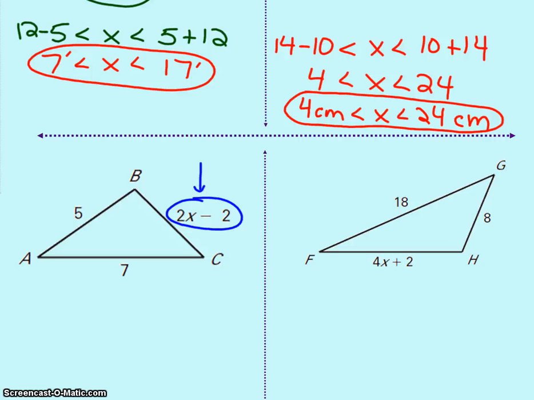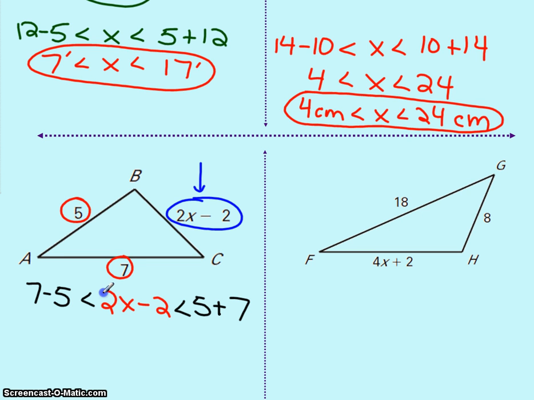And just like before, that expression needs to be between the sum of 5 and 7 and the difference of 5 and 7. So again, bigger number minus smaller number.